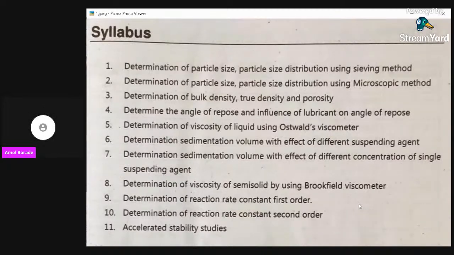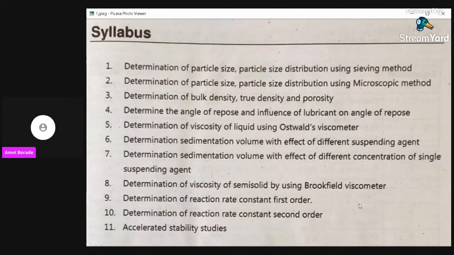Every time our die cavity should get filled with the desirable quantity of powder, and it should be the same all the time. Every die should get filled with the same quantity of powder. This itself assures that with every tablet, after compression, we will get a uniform dose.